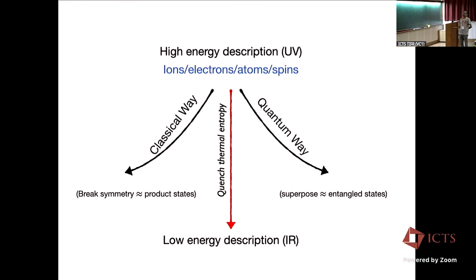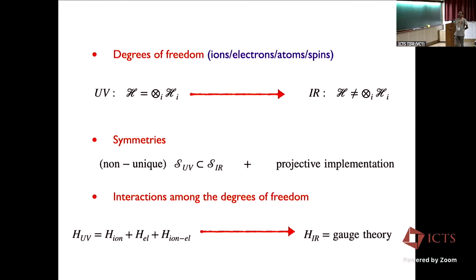And what happens is that when we go from high energy, typically when we cool the system, the thermal entropy is gotten rid of by superposing and leading to many-body entangled states. And these do not have any quasi-classical descriptions. The way that it appears when we try to describe these systems at low energies is that the high energy Hilbert space, which has a tensor product structure, often does not survive at low energies or IR.